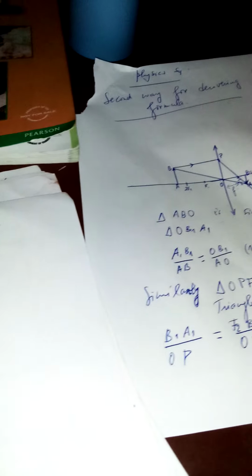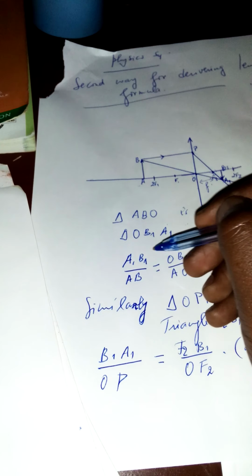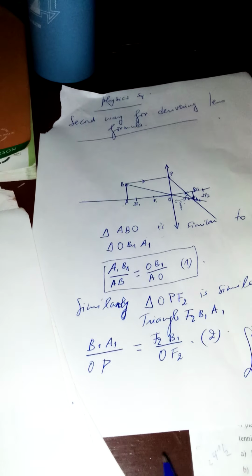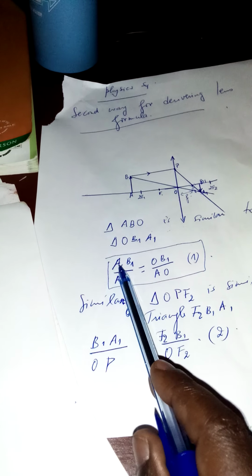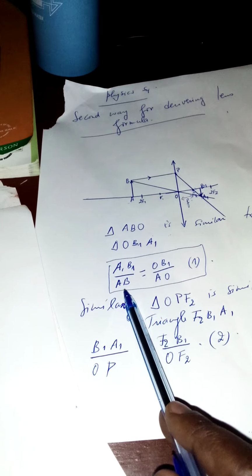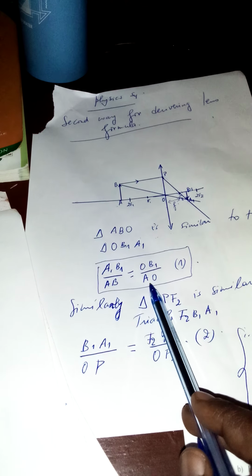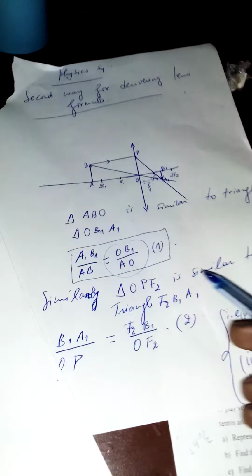Look at equation number 1. This one is equation number 1. So it means that A1B1 over AB is equal to OB1 over AO. So we are going to equalize this side with this side from equation number 1.